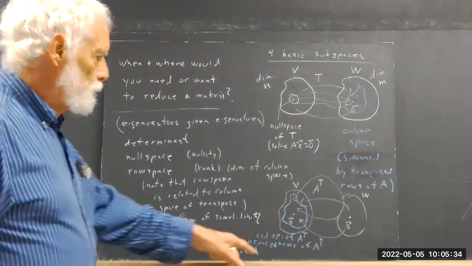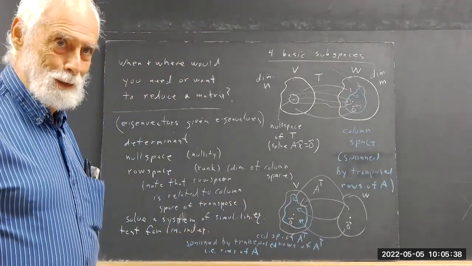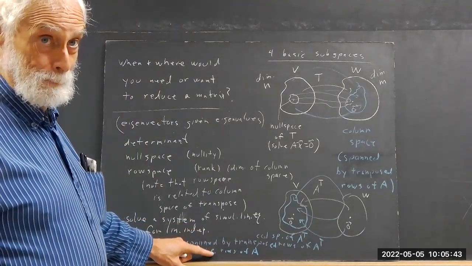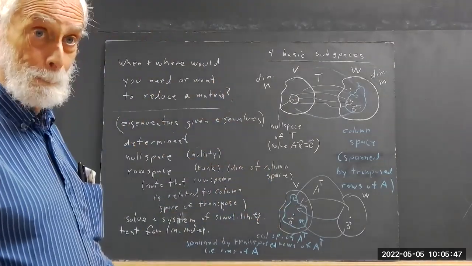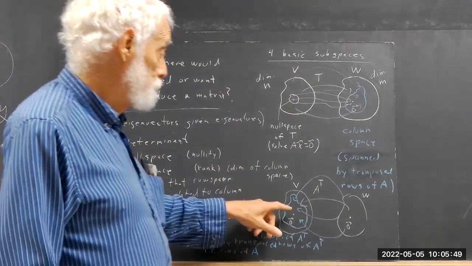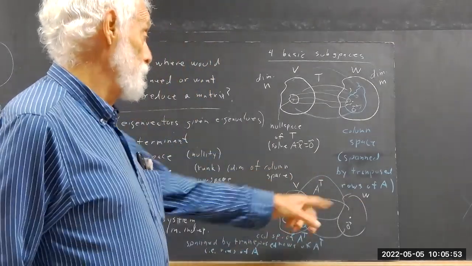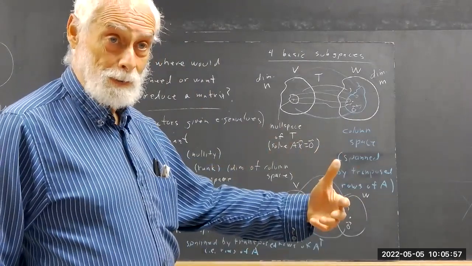So the transposed rows of A transpose are the rows of A. Okay. Think about that. See if I said it right. But that's going to be your row space of A. Now your row space of A is going to consist of the column space of A transpose, which makes a certain amount of sense.